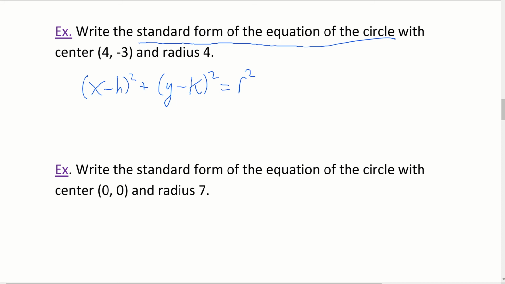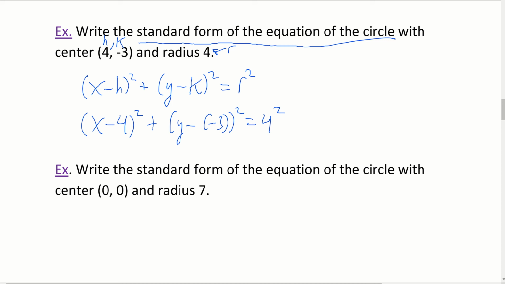Where our center is 4, -3, that makes h equal to 4, k is going to be -3, and our radius value is 4. We're going to go ahead and nice and neatly plug those in. We have x minus h squared plus y minus k squared is equal to r squared, which is 4 squared.